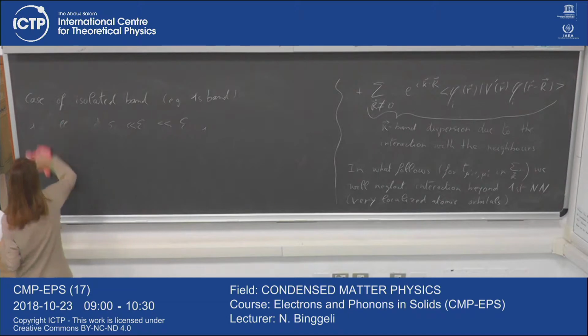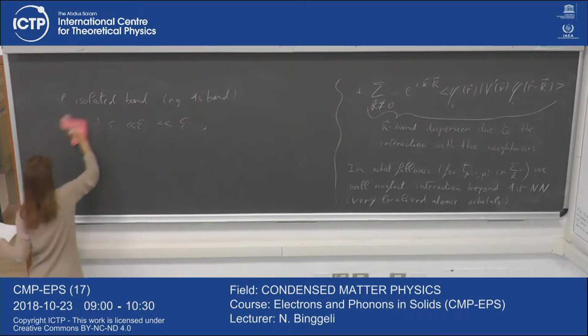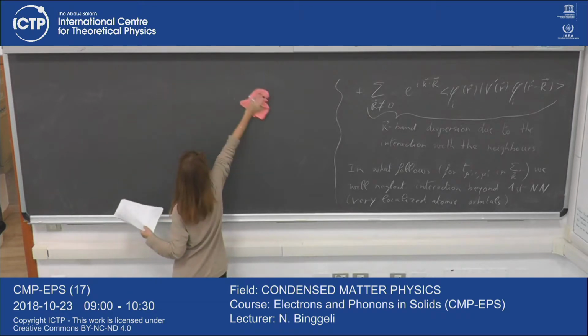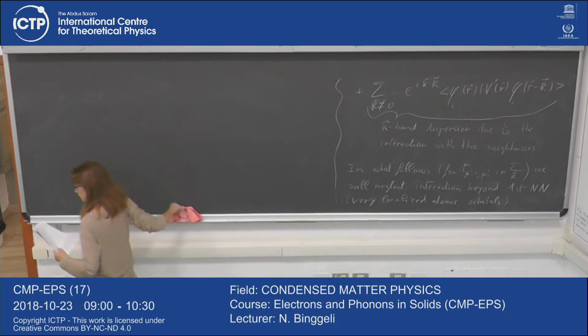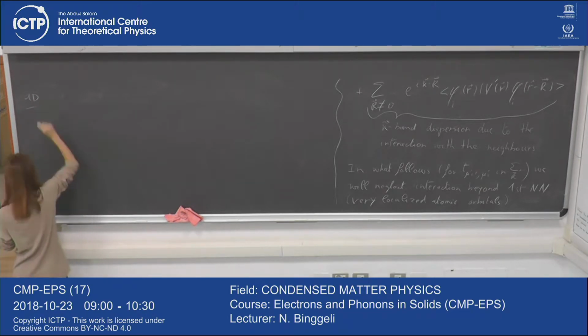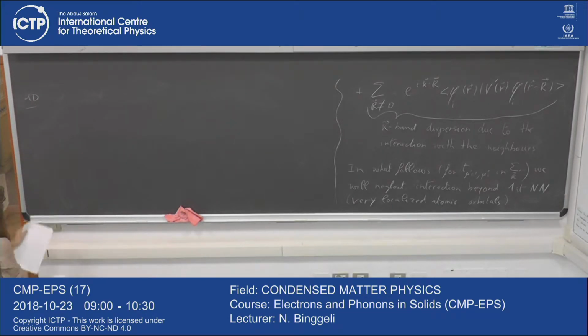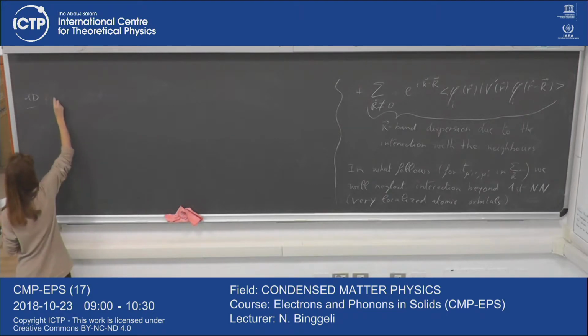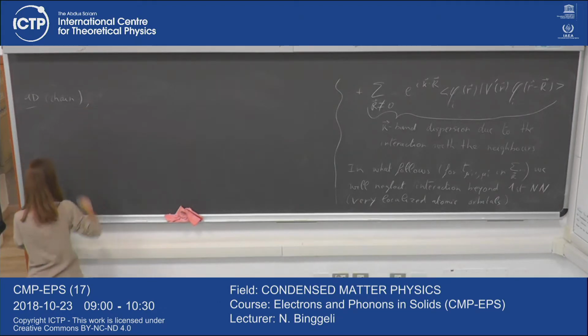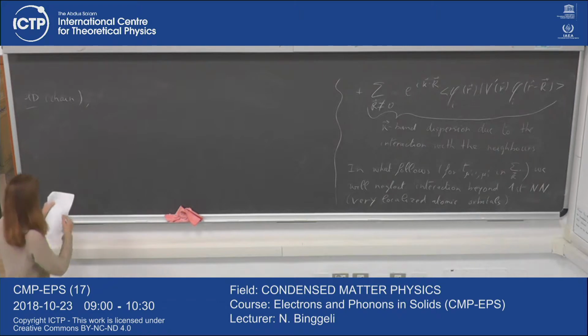So now let's see what we get in the case of an isolated band. The first example will be one-dimensional, so we consider a chain of atoms. And I will consider one s orbital.